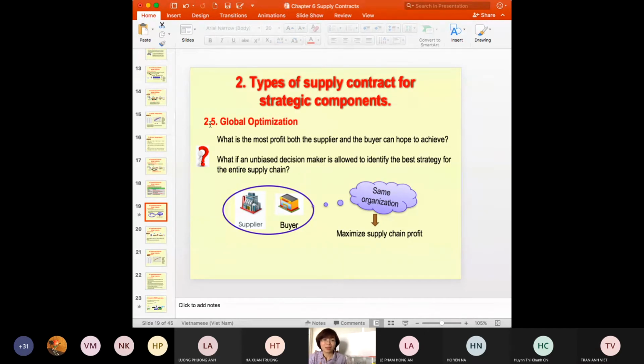It's not local. Local is focused on a supplier or a buyer, but here we get benefits for both sides. Optimization means we try to find the maximum profit. So what if an unbiased decision maker were allowed to identify the best strategy for the enterprise supply chain?